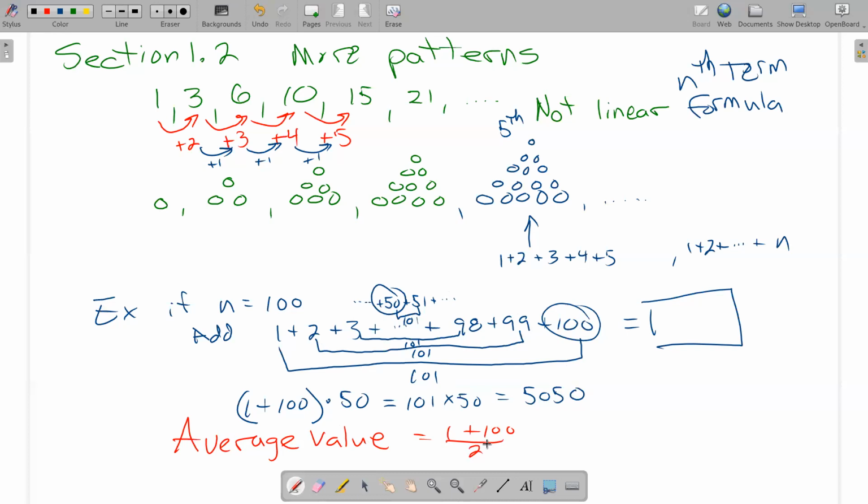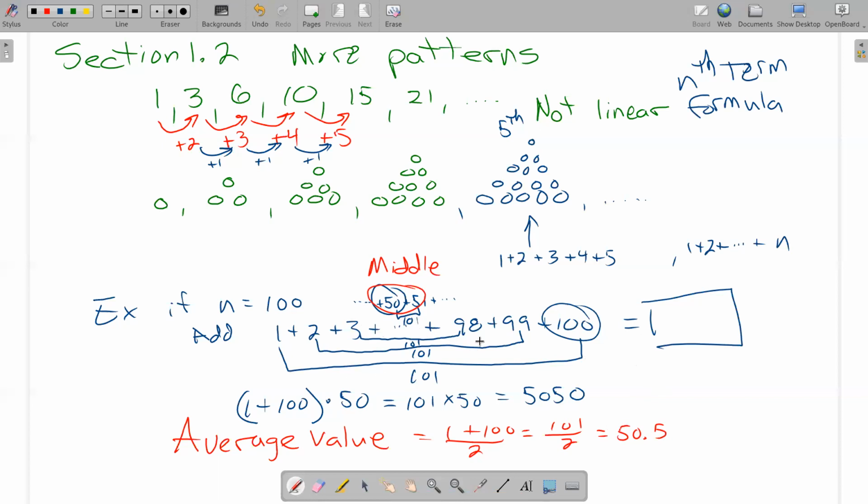Since everything's equally spaced, that's going to put me exactly in the middle. So that's going to be 101 over 2, which is 50.5, right? 50 isn't the middle number, 51 isn't the middle number, but together they represent the middle. And so if we needed to pick a number between 1 and 100, it would be 50.5. That sits exactly in the middle there.